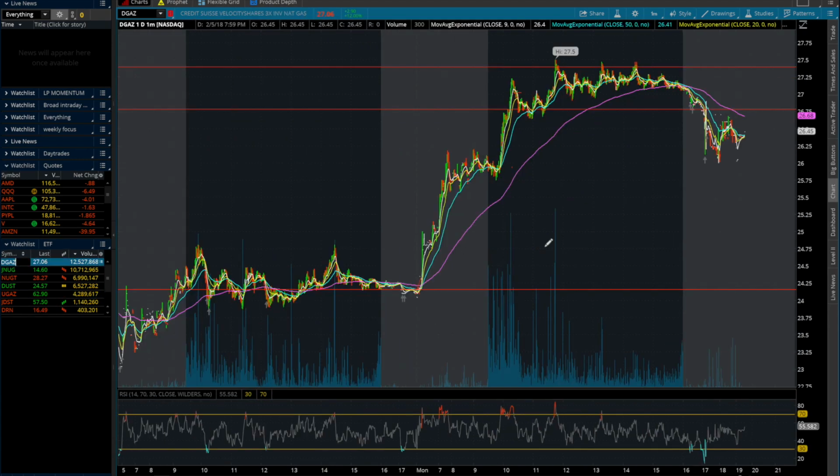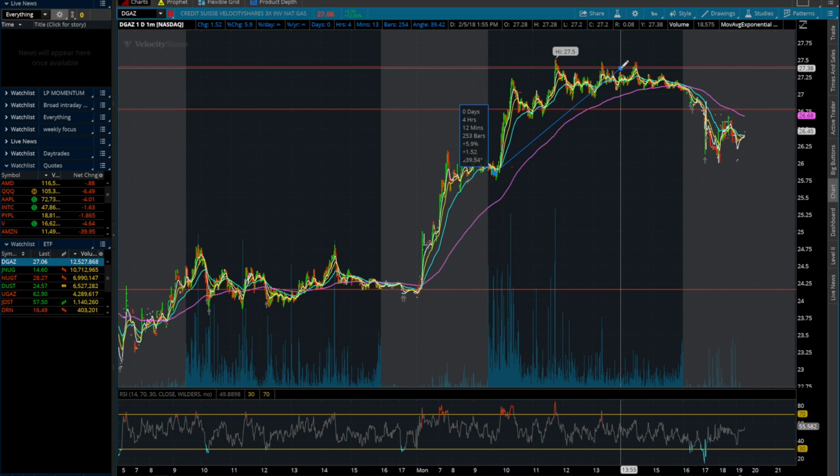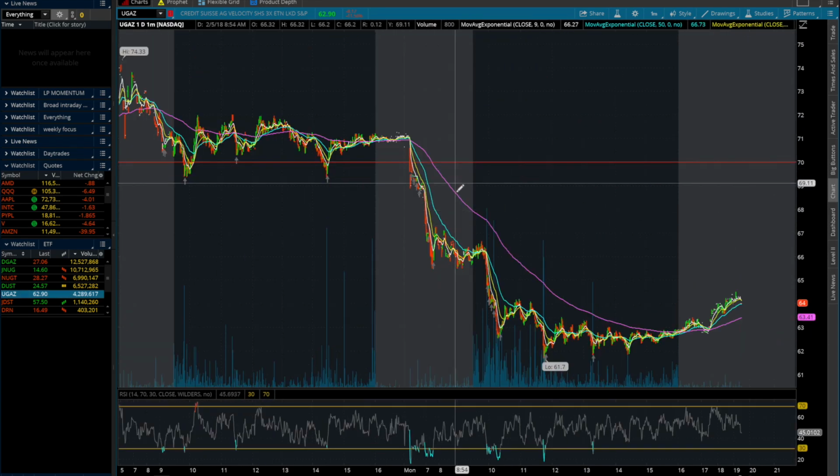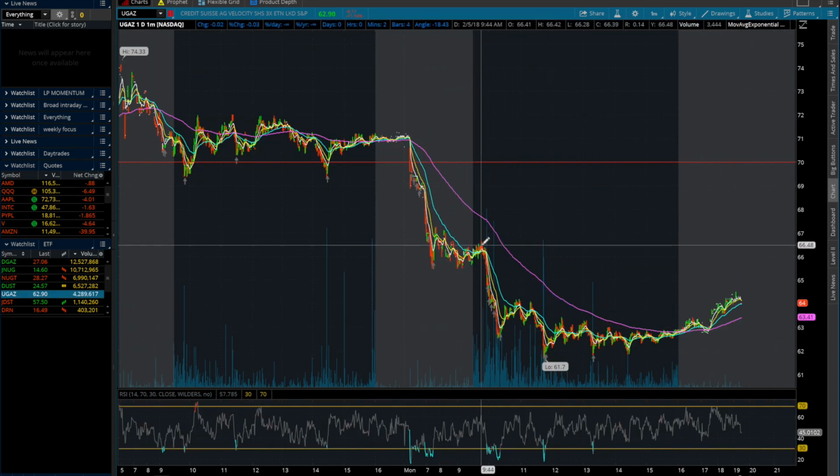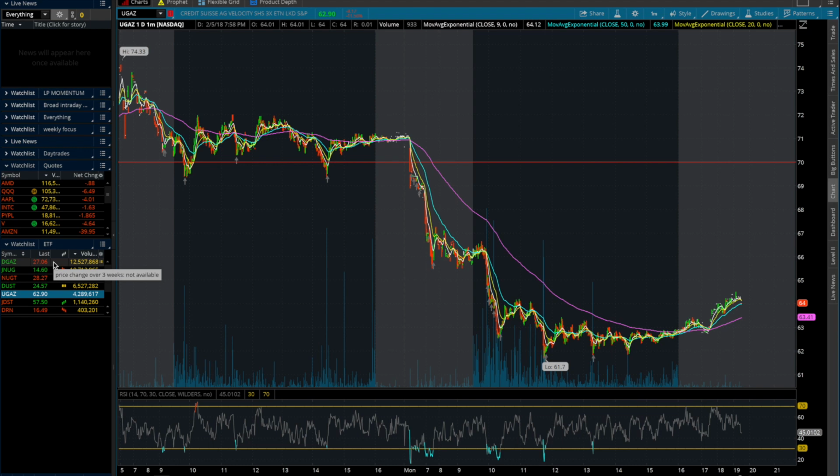On this chart of DGAS, we didn't trade it today, but it moved up around 6% from its lowest point to its highest, and UGAS dropped a similar 6%. So if trading these consistently, you can get around 5 to 10% every day, which for slow growth isn't that bad.